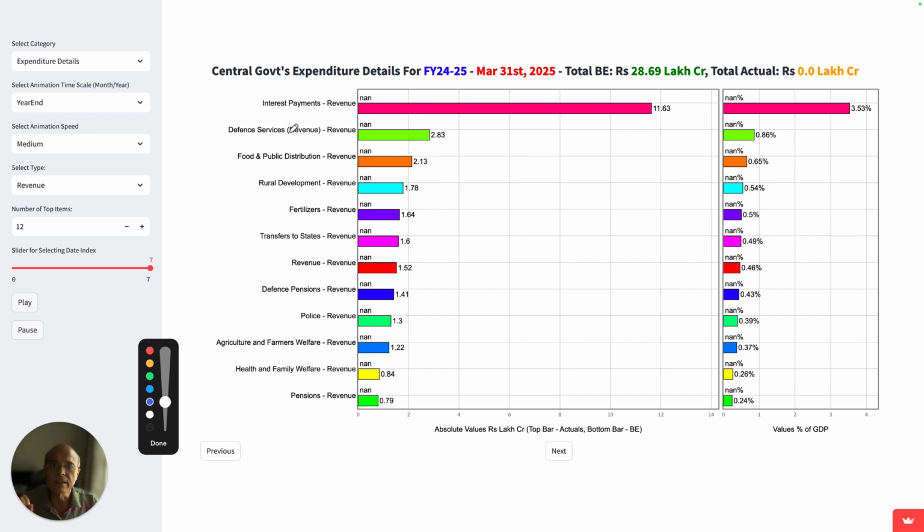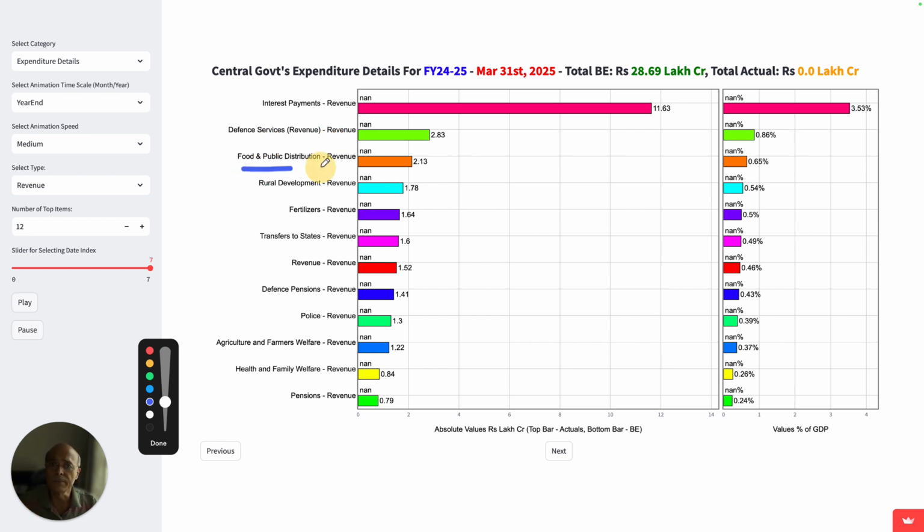If you look at the top revenue items, there are 12 items from an expenditure point of view that I have taken into consideration in this chart. You see interest payments, and defense services revenue, which means there must be some revenue expenditure on defense on top of pension, because you have to pay salaries, etc. So this is defense services revenue.